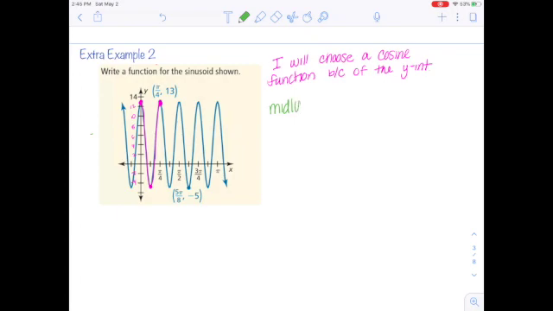So our midline. Okay, we're going to take our max plus our min, divide by 2. So you get your maximum of 13, subtract 5, divide by 2 is equal to 8 over 2, which is 4. All right, so our midline is right at y equals 4.